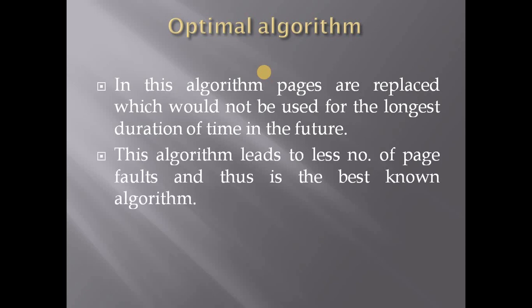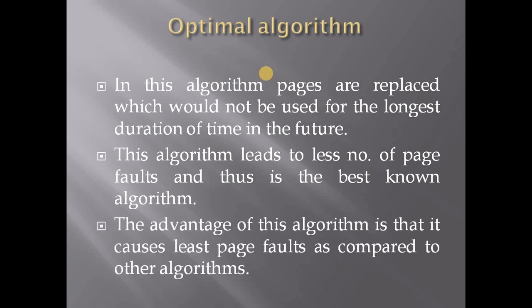This algorithm leads to fewer page faults and thus is the best known algorithm. The advantage of this algorithm is that it causes the fewest page faults as compared to other algorithms.